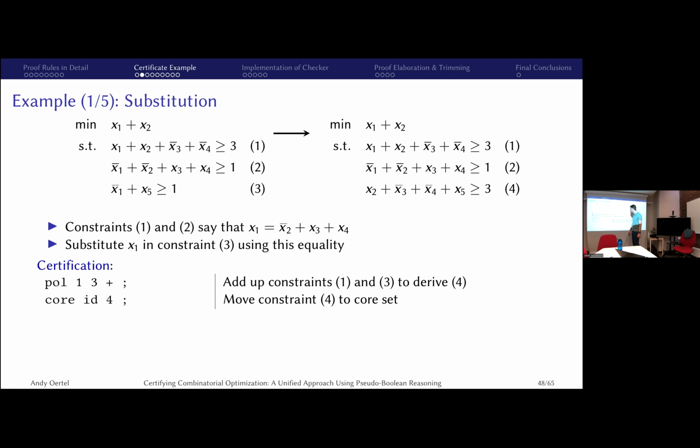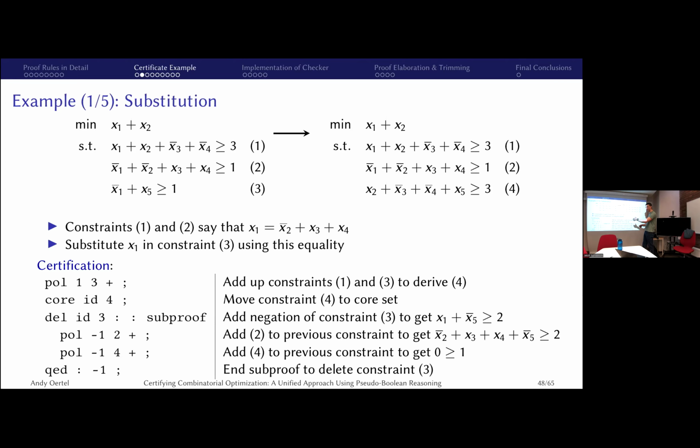At the beginning, this adds the negation of the constraint. So we always have the core derived and then not C, when you remember back to the definition of redundance and deletion. So you get the negation of the constraint we delete, which is x1 plus not x5 greater equal 2.